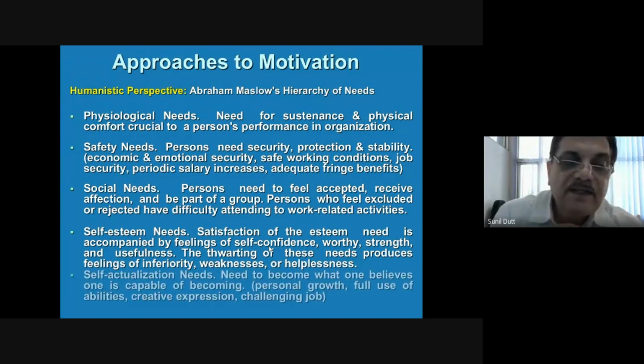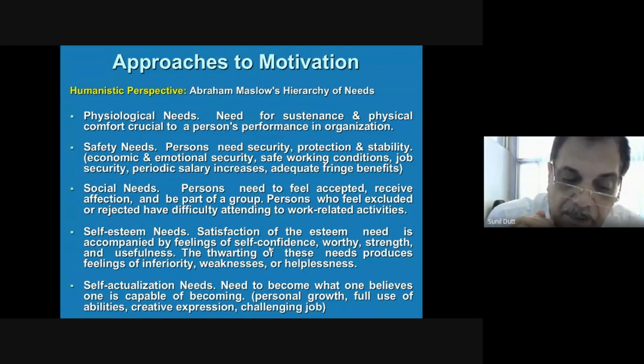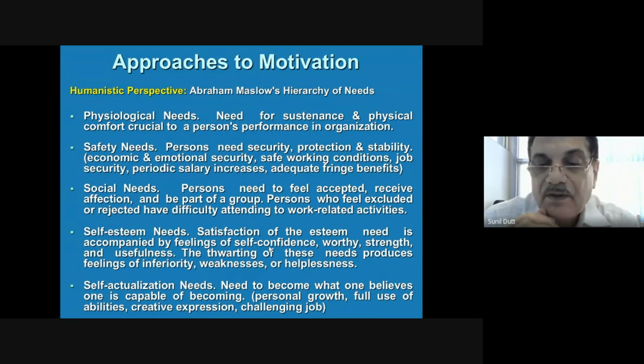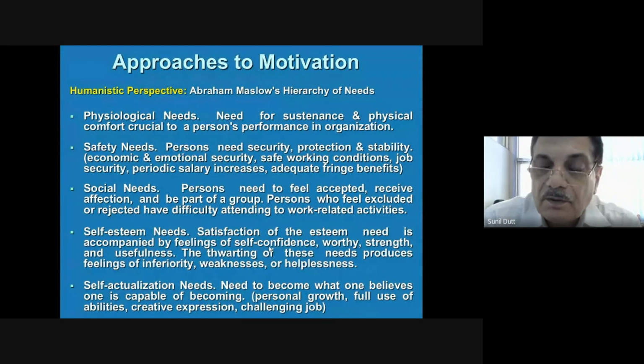Then is the need for self actualization. That is the need to develop skills and potentialities to become what one believes one is capable of becoming. So the need to reach out to your full potential.